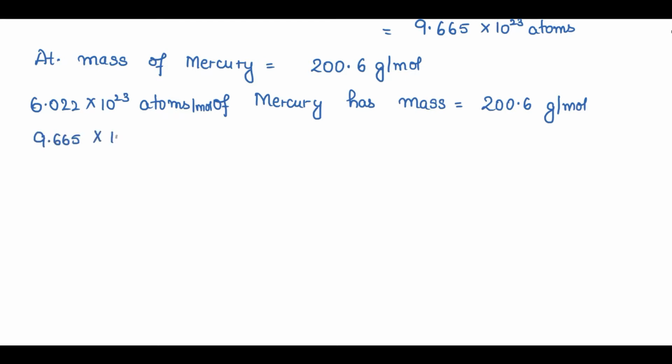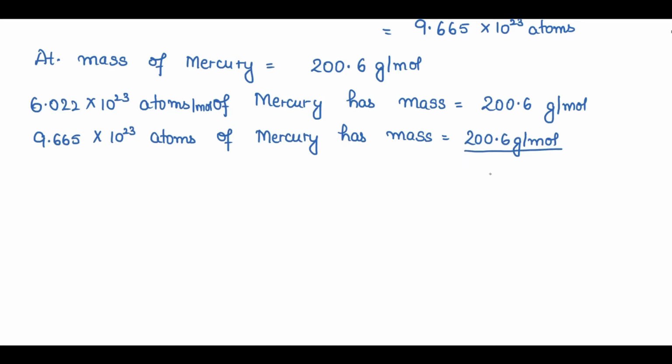So again, 9.665 into 10 raised to power 23 atoms of mercury has mass equal to, the value on the right side is taken in the numerator, 200.6 gram per mole divided by 6.022 into 10 raised to power 23 atoms per mole into 9.665 into 10 raised to power 23 atoms.